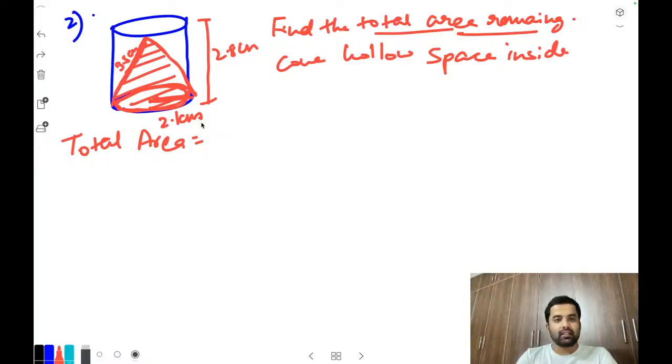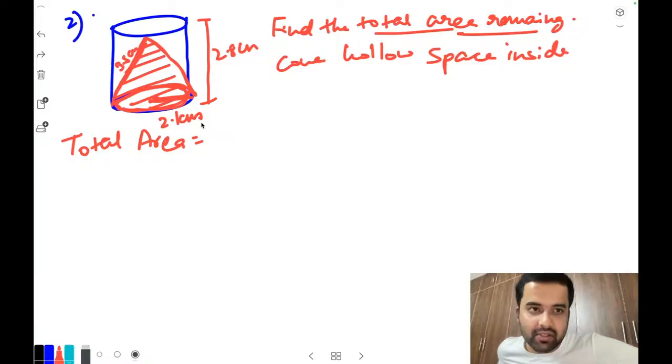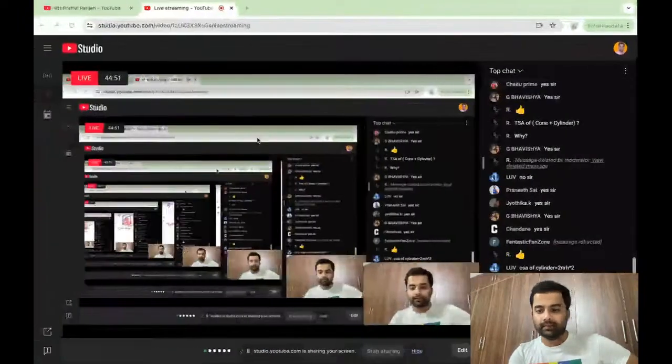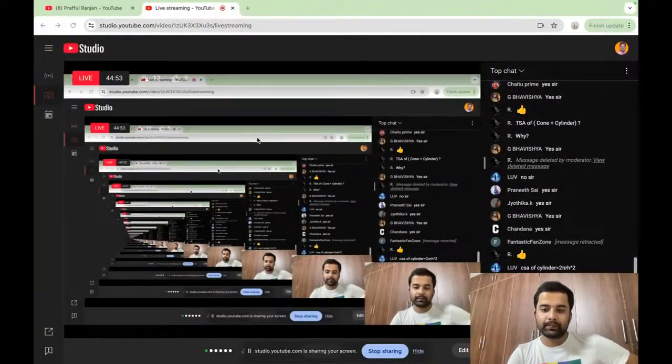Imagine it, boys and girls. You have a cylinder shape. From one side, this cone is deleted. It is a hollow shape inside. You can easily touch it. If you put a finger inside, you can find out this is a cone inside. Now, what is the total surface area remaining? What will you do here?